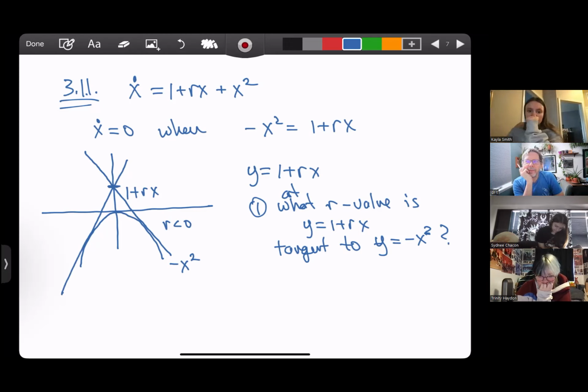You think you got something, Kayla? I'm using Desmos because I want to. No, it's okay. I love that you're using Desmos. It's hard not to want to use Desmos. I want to watch the little slider.